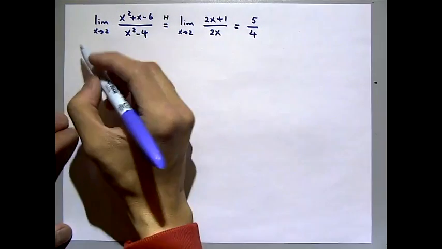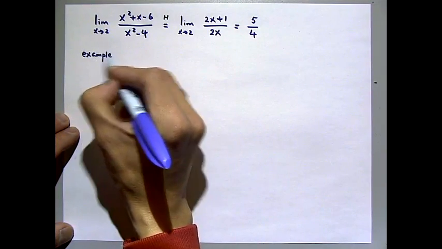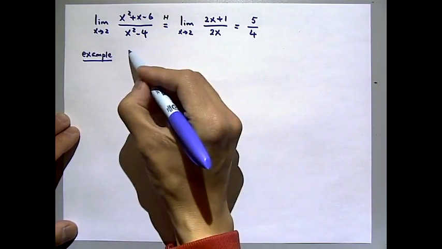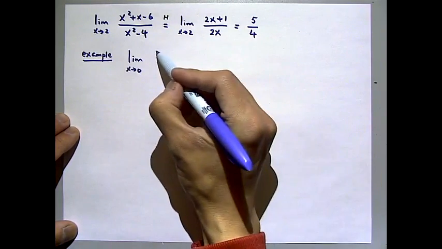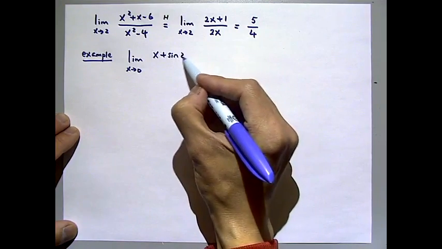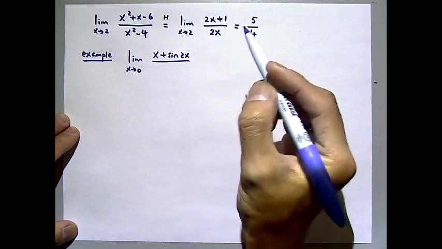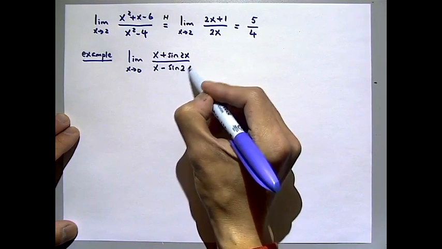Okay, let's do a few more examples. Let's look at this one. Limit as x goes to 0 of x plus sine of 2x over x minus sine of 2x.